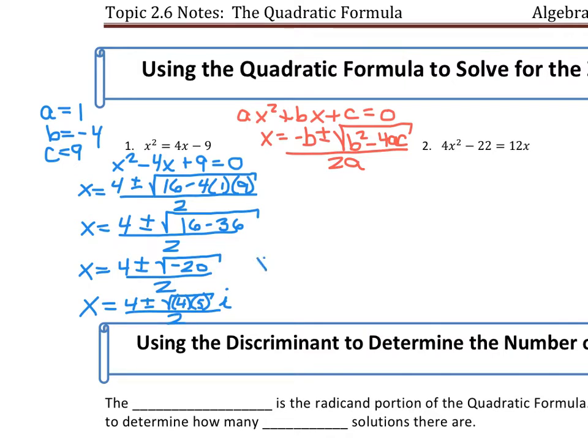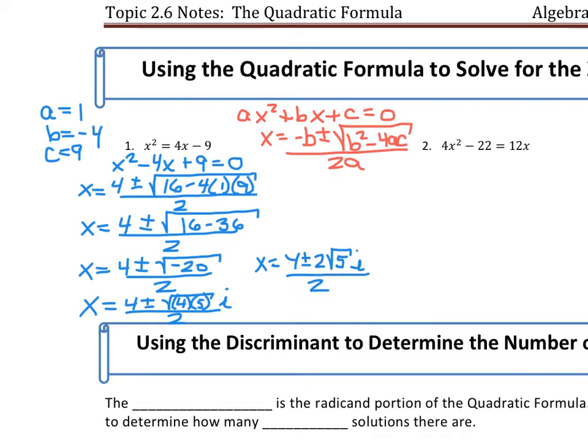And finally, if I simplify this, the square root of 4, our perfect square, I'm going to take that out, and that is going to become 2. So I have 4 plus or minus 2 square roots of 5, i. Notice the i is not underneath the radical, all over 2.